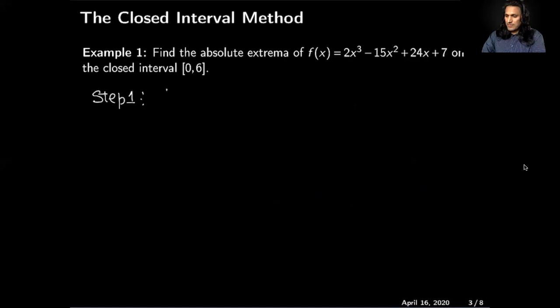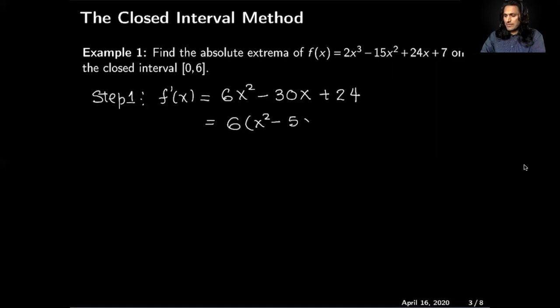So the derivative of this function is f prime of x is 6x squared minus 30x plus 24. If I pull out 6 from the derivative, because it's a common factor, it's x squared minus 5x plus 4.